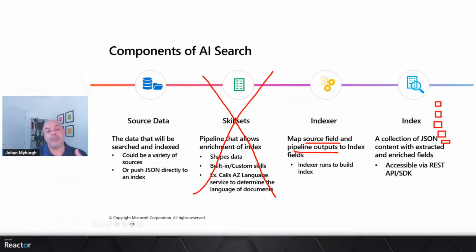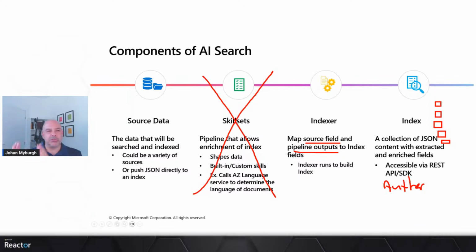It's essentially going to map those fields to the index, right? So if I've got, for example, a Word document that has an author, and the author is Johan Meiberg, then we might create an author field in the index, and it'll show that document was authored by Johan Meiberg. So what you want to do first is understand what information you want from the source data, and then map those fields to an index.